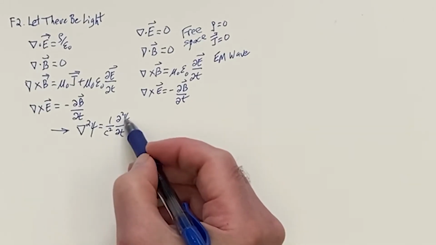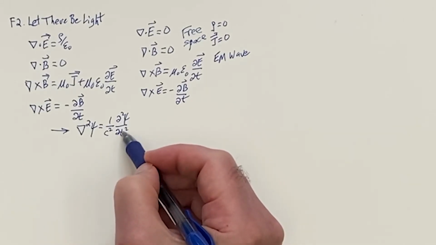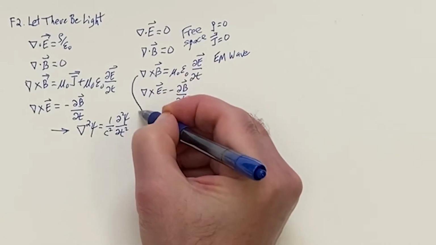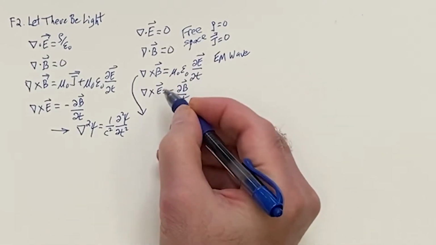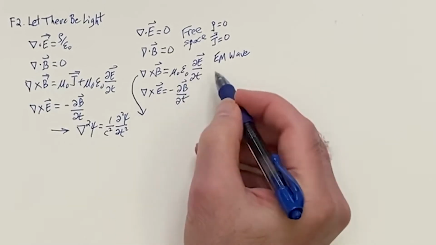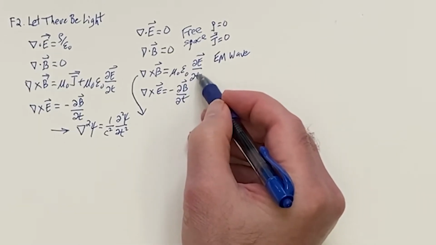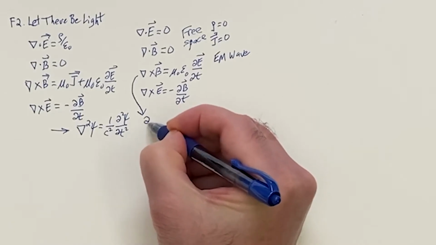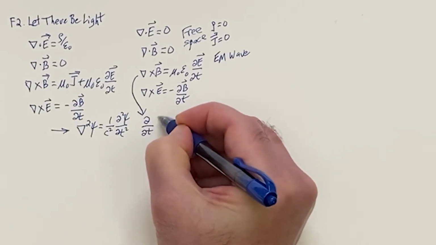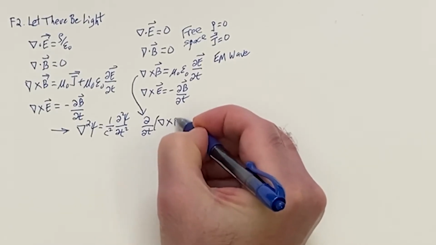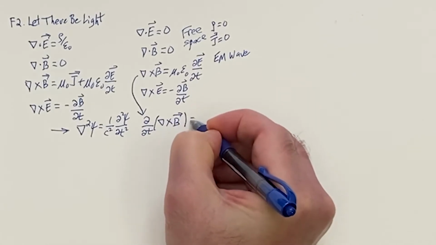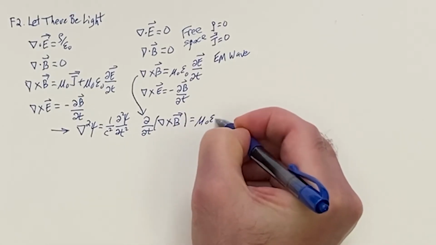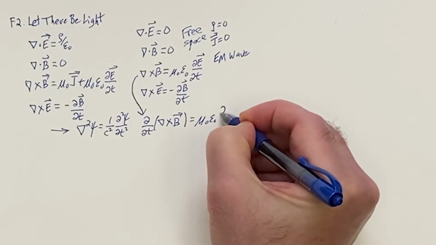So first thing we're going to do is say, well, I have the second derivative here, so let's take one of these. Let's take this one, and since we have the first derivative, let's take a derivative to get the second derivative, because you have second derivatives here. So if we take the derivative of del cross B, then on the right-hand side we'll have the second derivative.